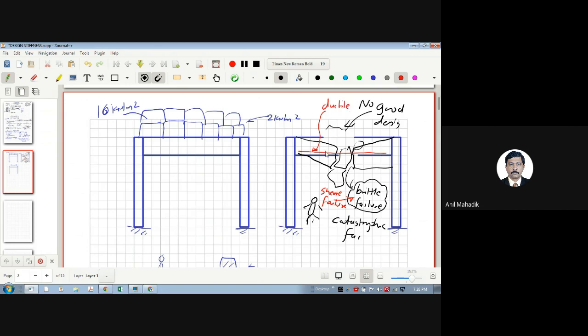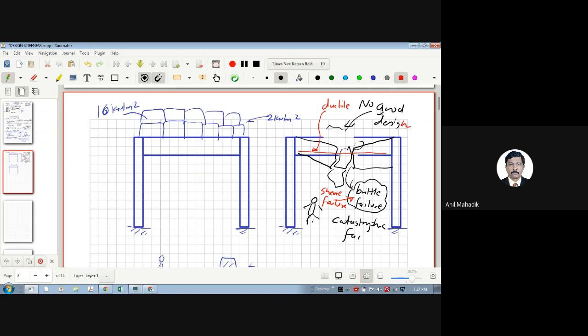But if the reinforcement is not sufficient, then it will be a brittle failure and it will not give any warning. It will collapse immediately, as you might have seen in earthquakes. So this is not good design, and we should avoid such kind of design.